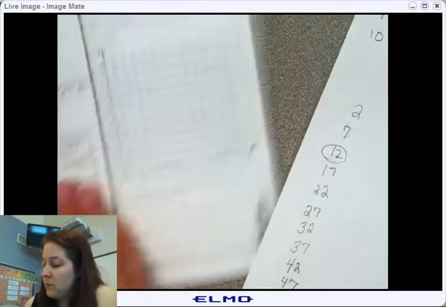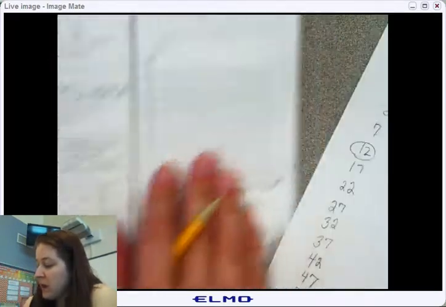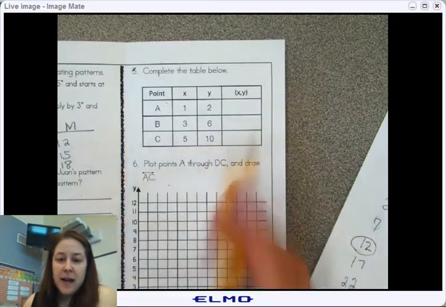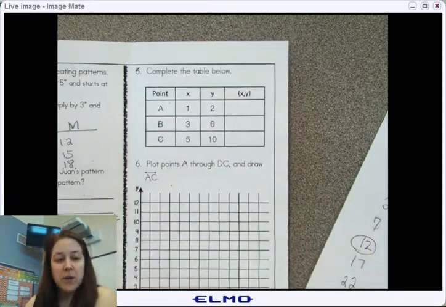Okay. Complete the table below. If you'll take a moment and put in your X and Y axis here, this is kind of easy. It's something we were doing over in the other side.